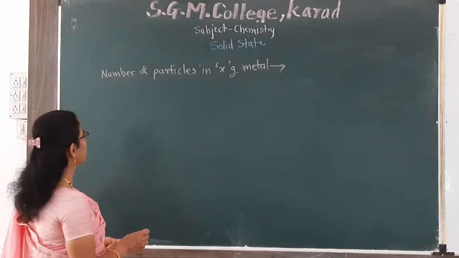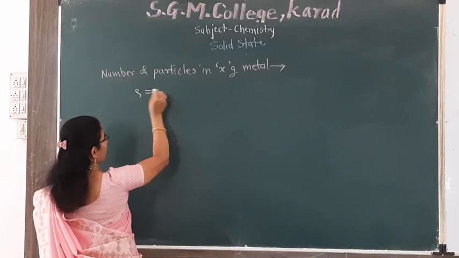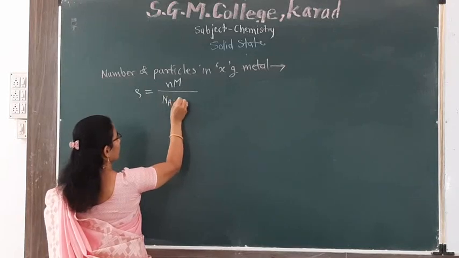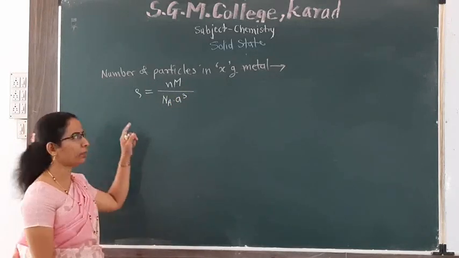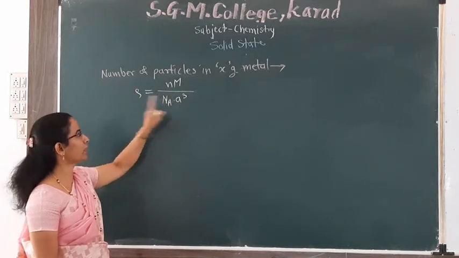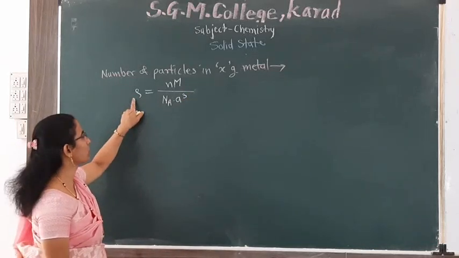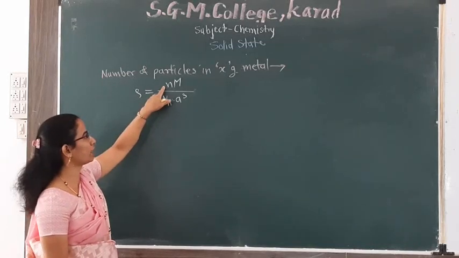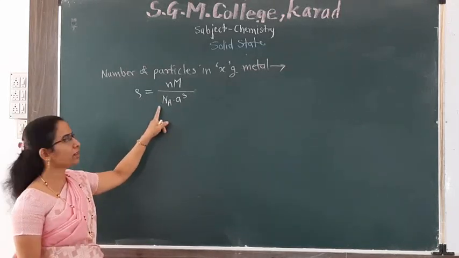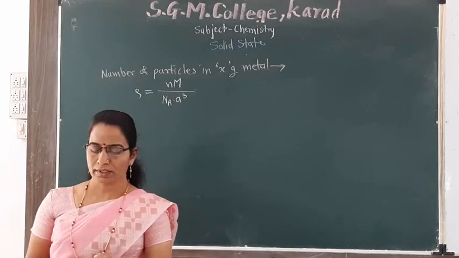For that purpose, you must know this relation. We have derived this relation, rho is equal to N M upon Na into a cube. This is a relation between density, molar mass and the edge length of the unit cell. We have derived this equation.